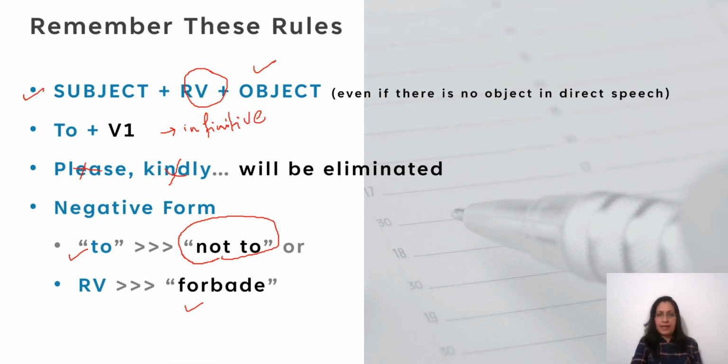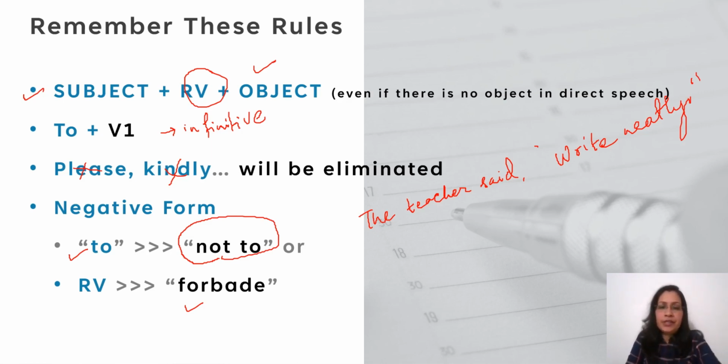Like supposing if I say, the teacher said, write neatly. So this is an instruction which is given. So if I'm changing this into the reported speech, I can write it as the teacher instructed whom?